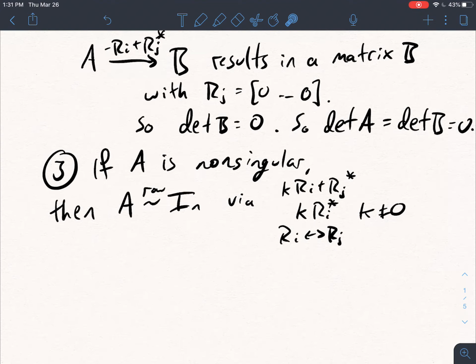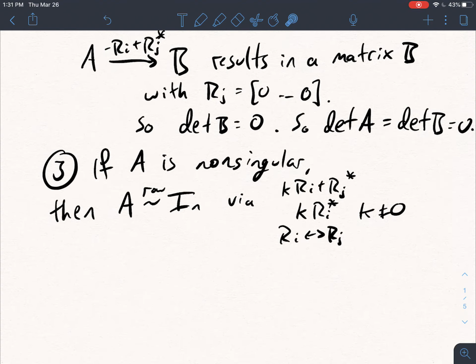Maybe if you're not completely convinced of that, the reason would be, well, you can just row reduce backwards, so you can row reduce from the identity matrix back up to A. If A row reduces to B via this row operation, then B row reduces to A by dividing row i by k, which you can do because it's not 0.